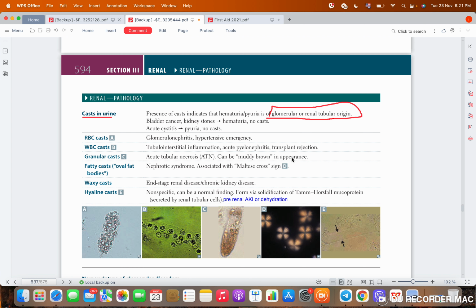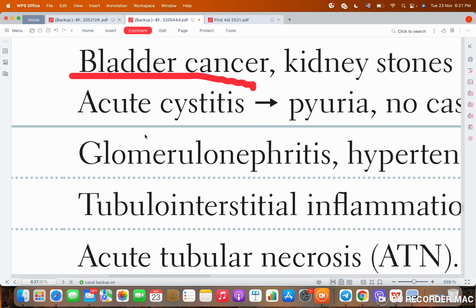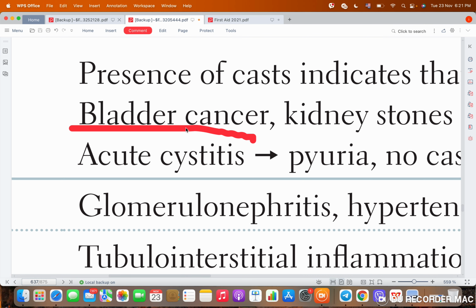So speaking about the cast in the urine, the pathology must be either in the glomerulus itself, leading to a lot of blood going to the Bowman's capsule and the PCT, or the problem needs to be in the tubules themselves, but it cannot be after. That's the main idea. So in case of bladder cancer, think about it: is bladder cancer before the kidney or after the kidney?